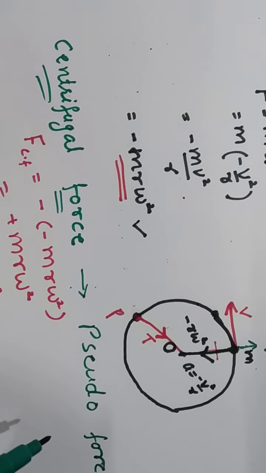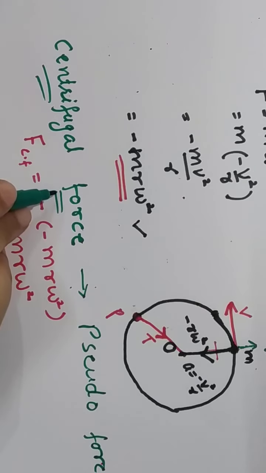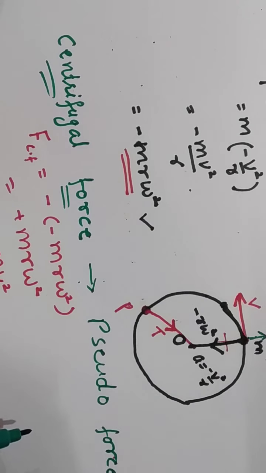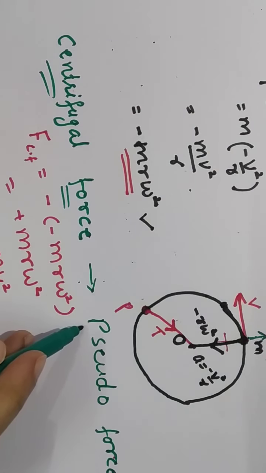Pseudo means non-real. This is of the type which does not have any criteria of real forces, so this will be considered a pseudo force. But we know that this force has a real existence.